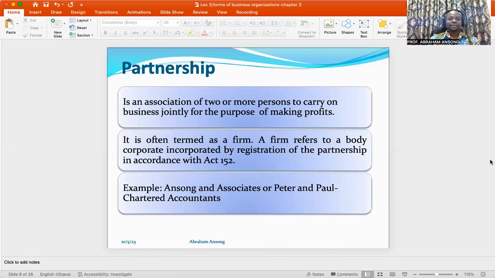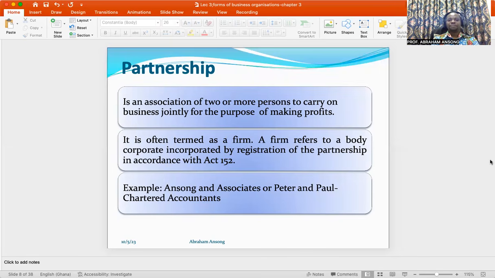Then we have the second form of business within the context of the private sector, which is partnership. In explaining sole proprietorship, I've always come to this idea of partnership. So partnership is an association of two or more persons to carry on business jointly for the purpose of making profits.